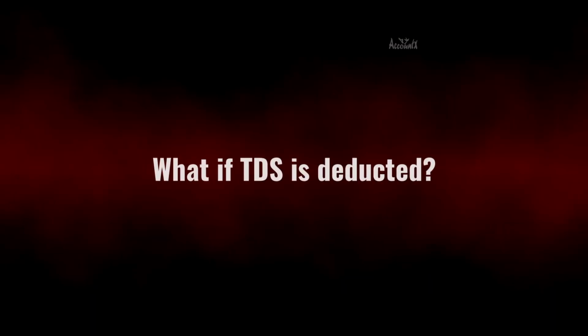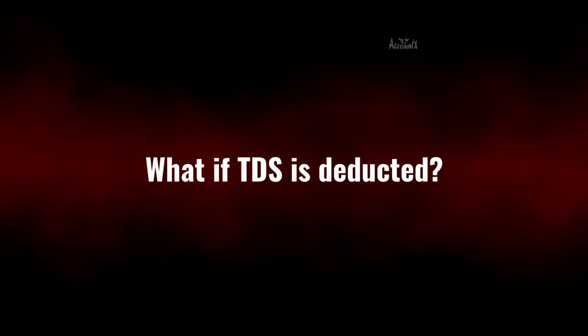Now what if your PF balance is more than the basic exemption limit and EPFO has deducted TDS, or let's say you have forgotten to upload form 15G and TDS is deducted. If so, what do you do? You have two options. One is to go for refund and the other is to adjust this TDS credit against any other tax liability that you may have.